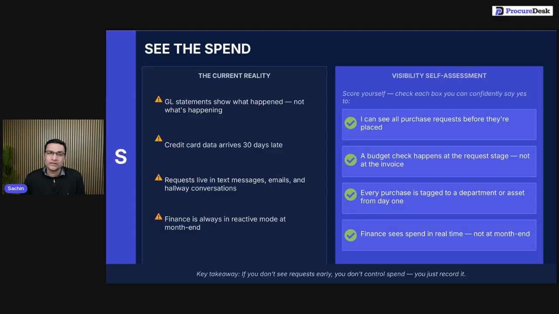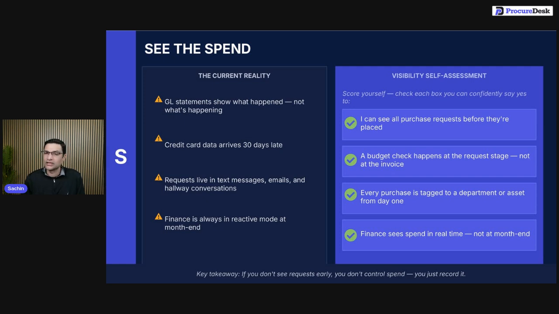Number two is you're checking the budget at the time of requisition. So when you create a request, there is a process for you to check the budget and see how much money is actually in the budget before the purchase happens. That's number two. Number three is every purchase is tagged to a department or an asset for which you're purchasing.